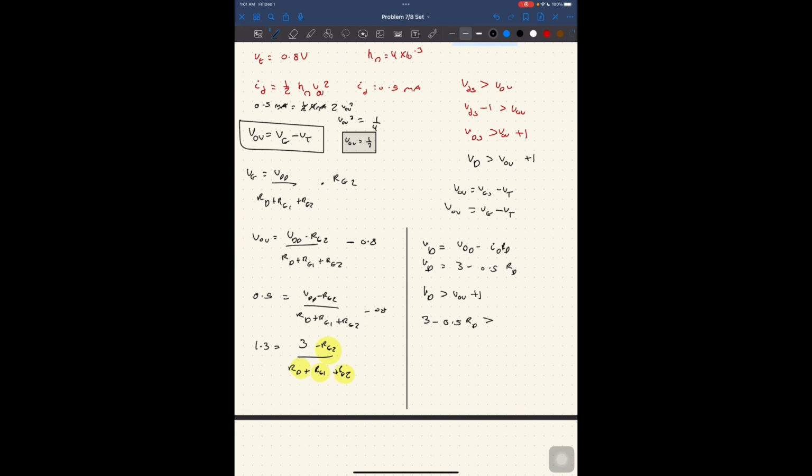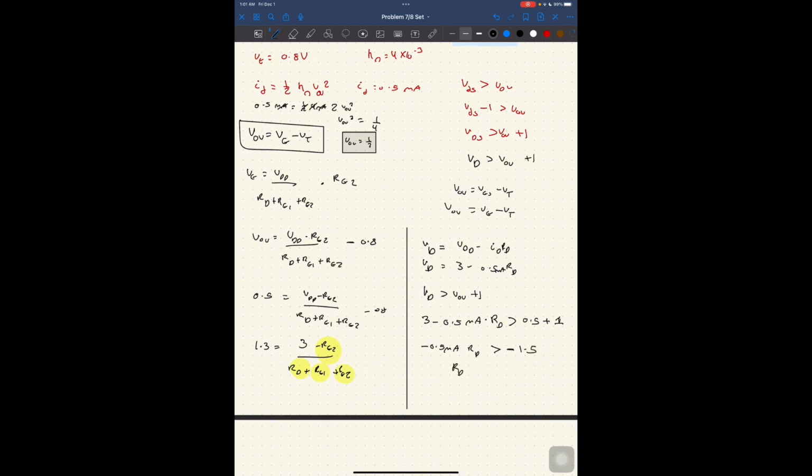This has to be greater than, what does that have to be greater than? 0.5 milliamps, first of all, times RD has to be greater than VOV, which is equal to 0.5 plus 1. Right? This implies that minus 0.5 milliamps RD is going to be greater than 1.5 minus 3, or minus 1.5.